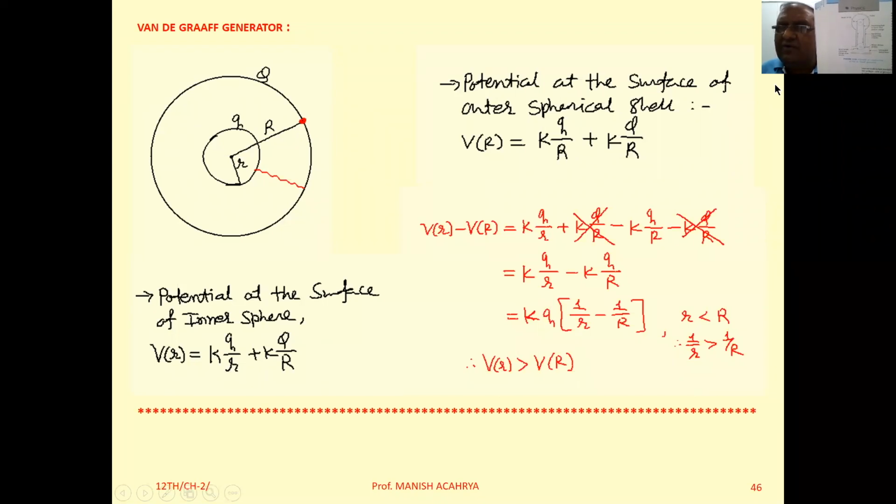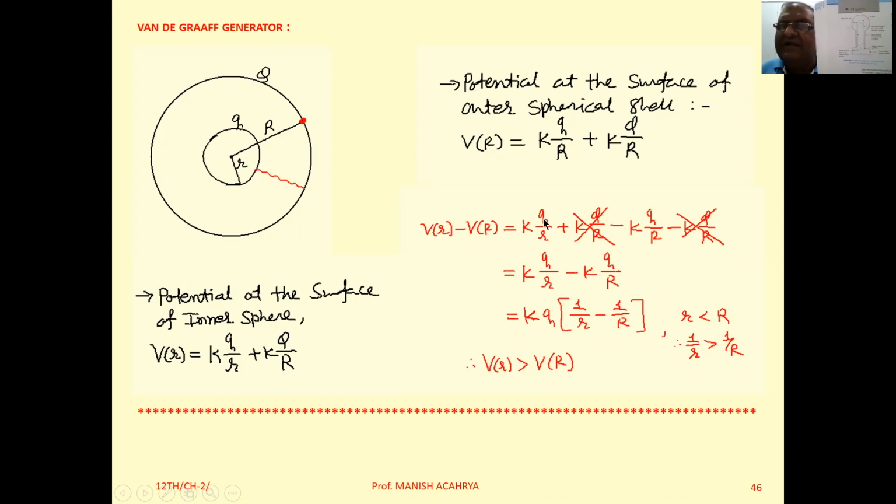When the pulleys are rotated, this belt will take that charge to the upper pulley. Now this upper pulley and the outer shell are connected by a conducting brush. So the charge that reaches the upper pulley will be transferred to the outer shell, as discussed in the principle here.